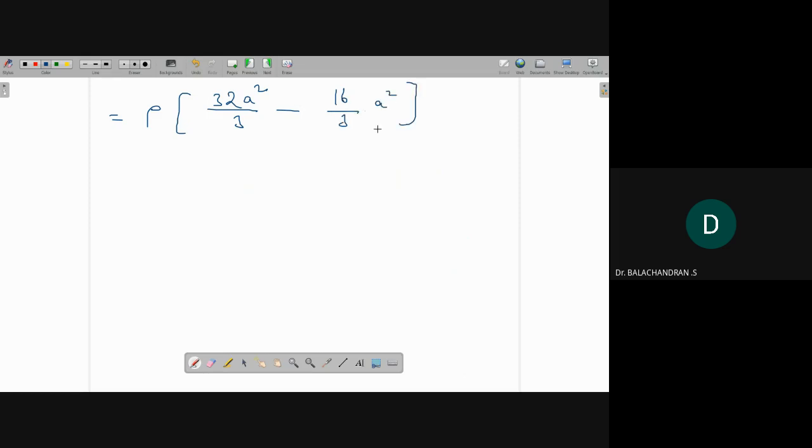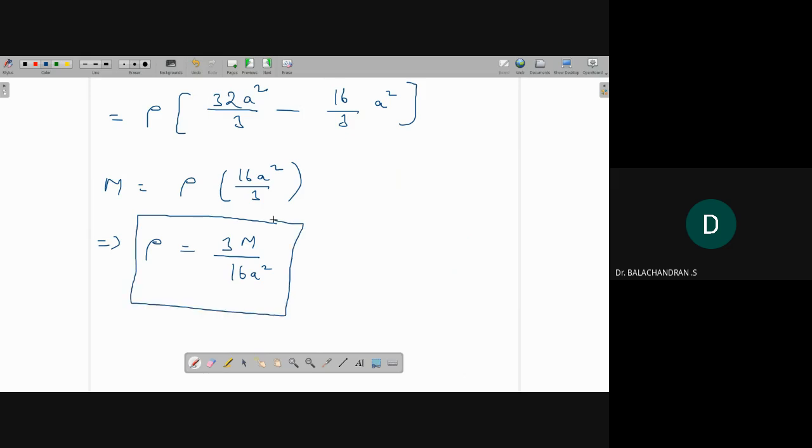So the final answer is m equal to rho into 16a square by 3. I need rho in terms of m, so rho equals 3m by 16a square.